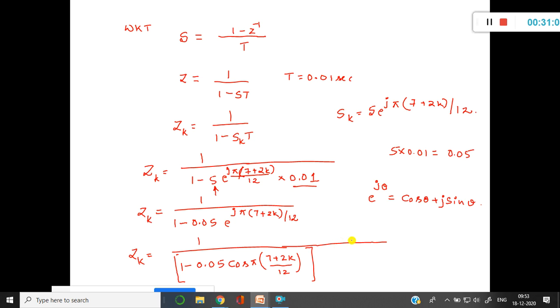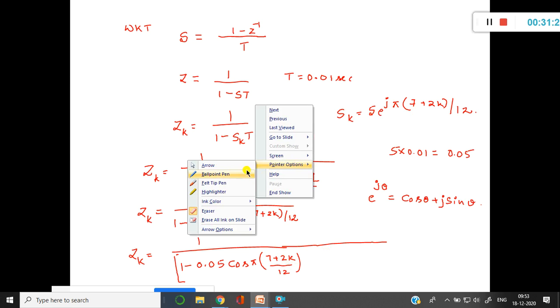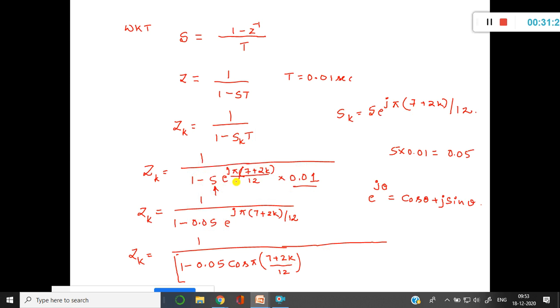I'll just write minus. Minus into minus is plus. Sorry, this is minus into plus, so here also I'm going to get minus. Let me multiply 0.05 to sine also: 0.05 sine of pi (7 plus 2k) divided by 12.